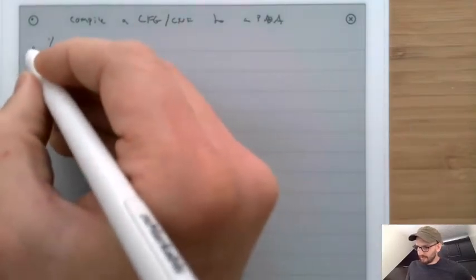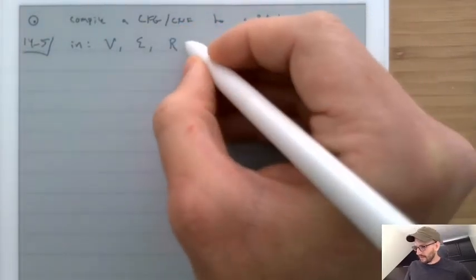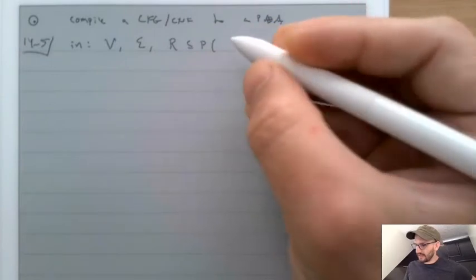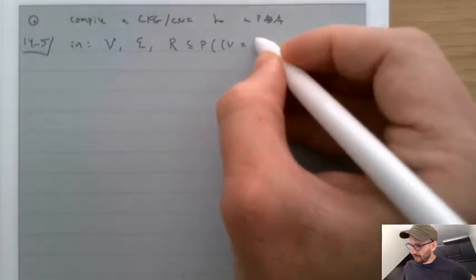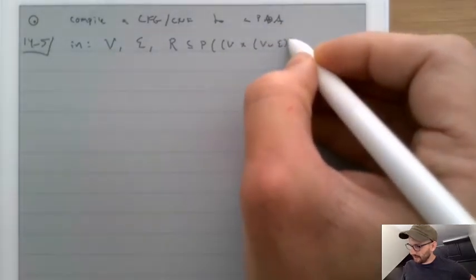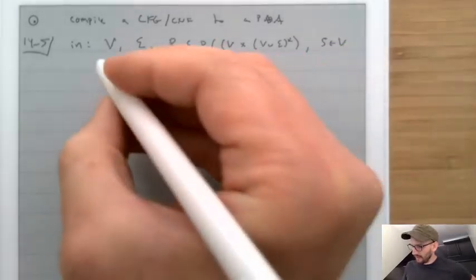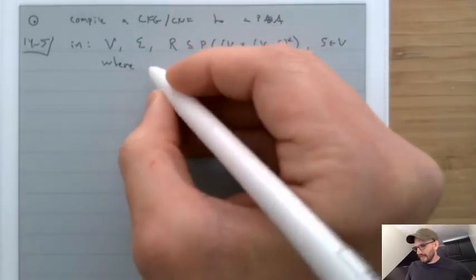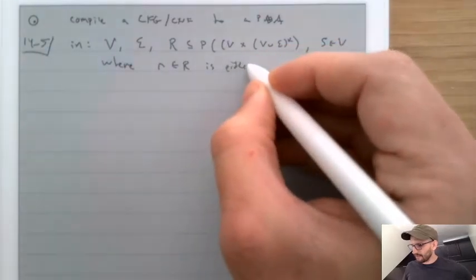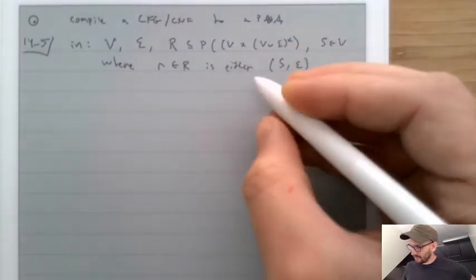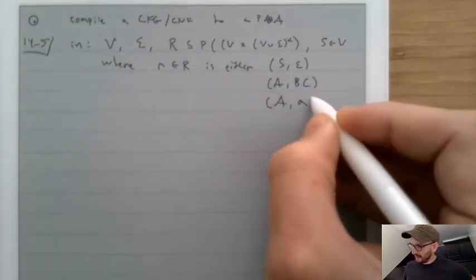Our input is a context-free grammar, so that means it's V, sigma, R, which is a subset of the power set of V cross V union sigma star, and then we also have S, which is an element of V, where R inside of big R is either S epsilon, or A, B, C, or A little a.